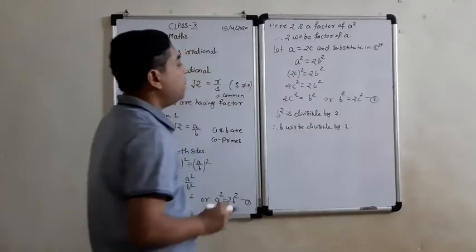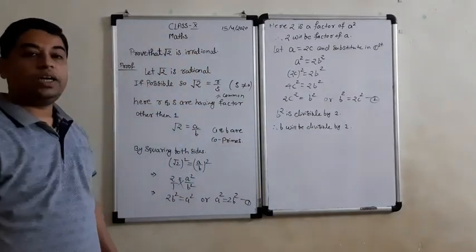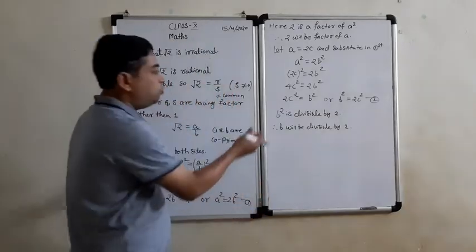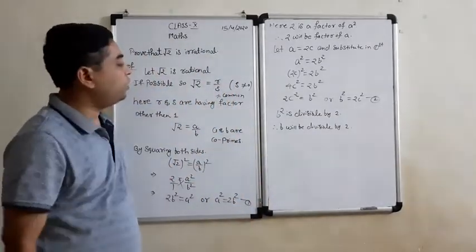So by first and second, what result are we getting? By first and second, A and B both have at least one common factor 2.